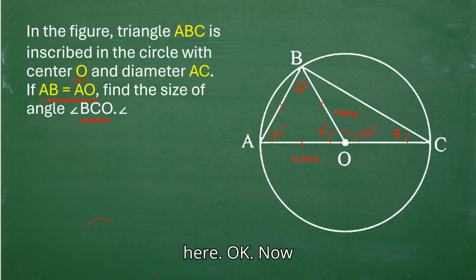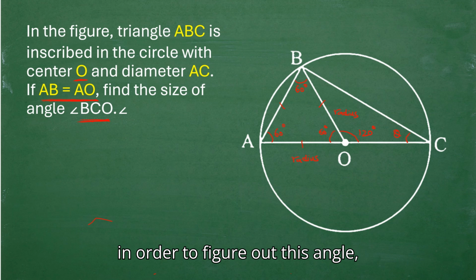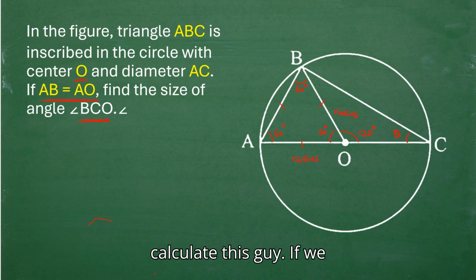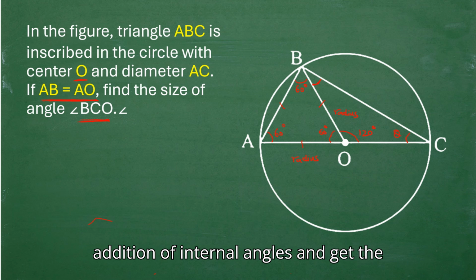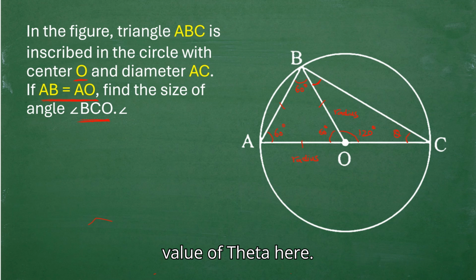Okay. Now in order to figure out this angle, we can calculate this guy. If we are able to figure this angle out, we can again do the addition of internal angles and get the value of theta here.